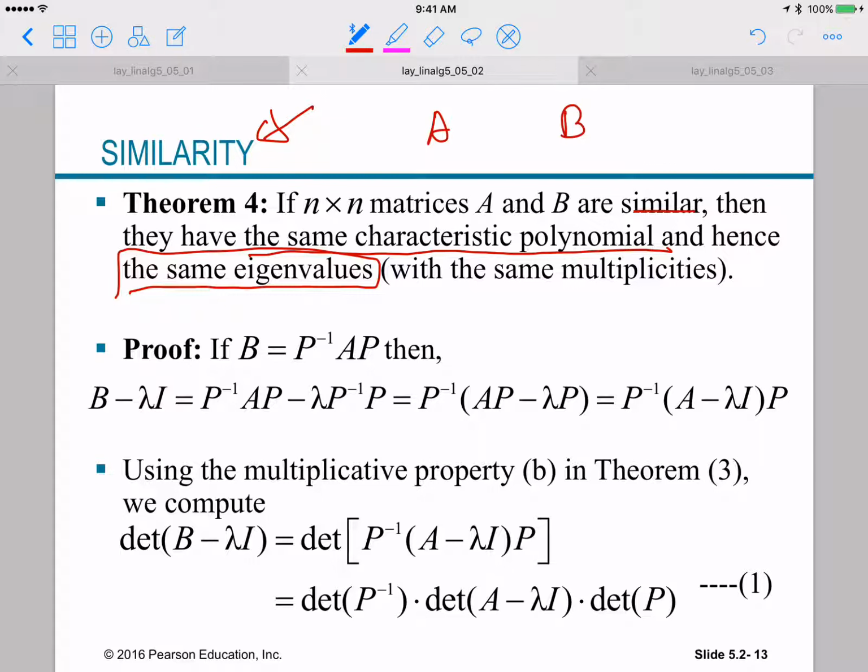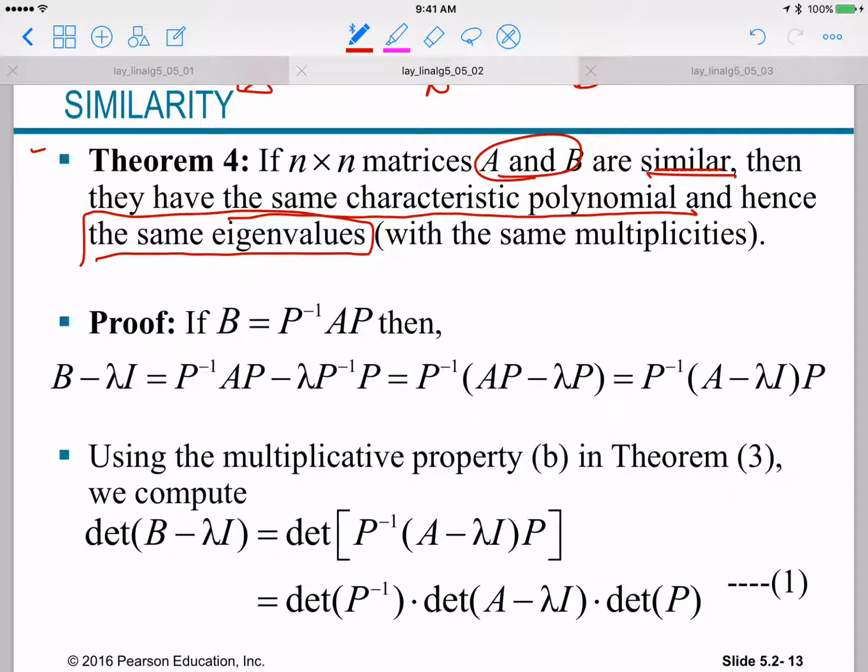This theorem says that if A and B are similar, then they have the same characteristic polynomial. Let's look at the proof briefly. If A and B are similar, this is their relationship for some P, right?